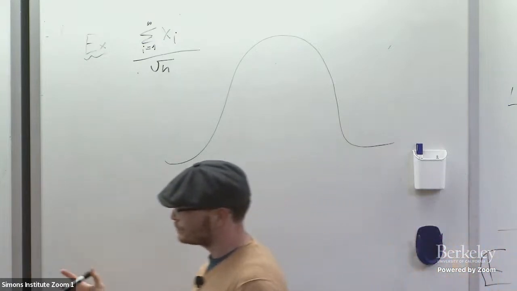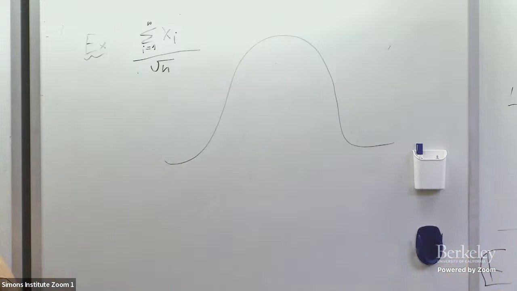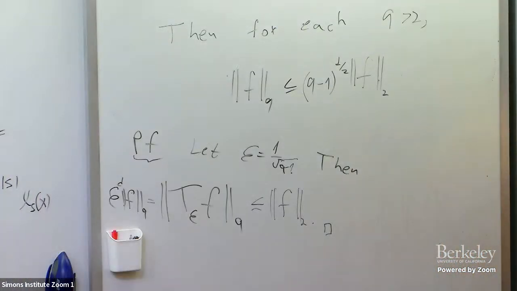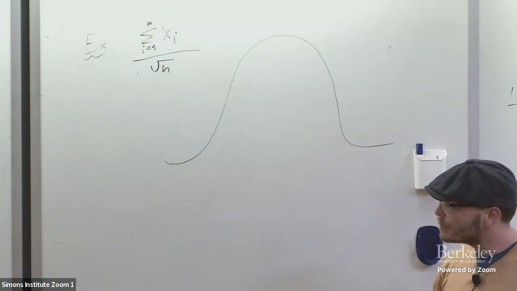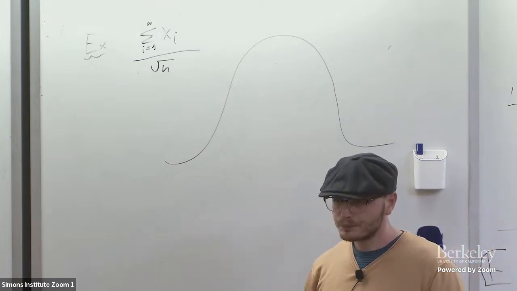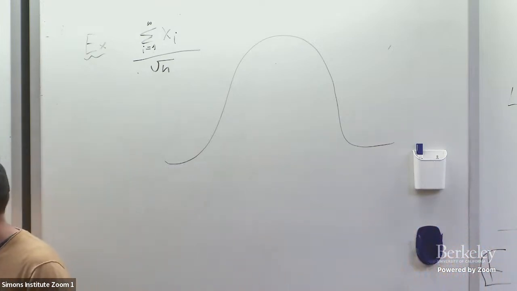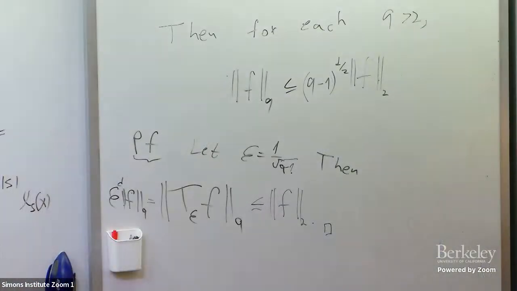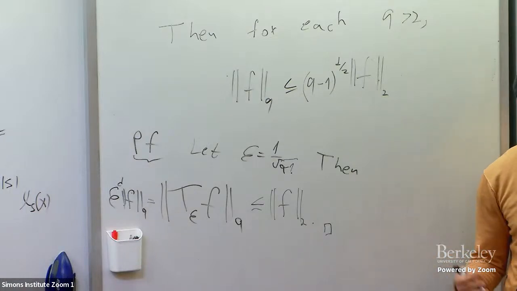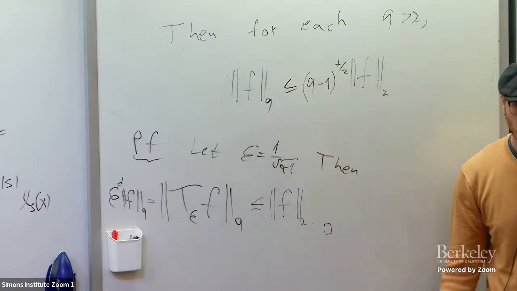If we look at the infinity norm, f is always bounded, while for the normal distribution we don't get that it's bounded, but that it's almost bounded: the probability of getting a large value is very, very small. This is captured by computing the q norm of a Gaussian random variable. So basically, Chernoff's inequality follows from this inequality.